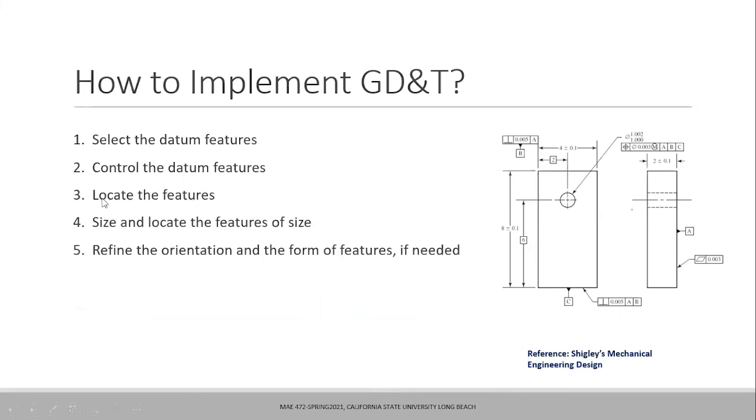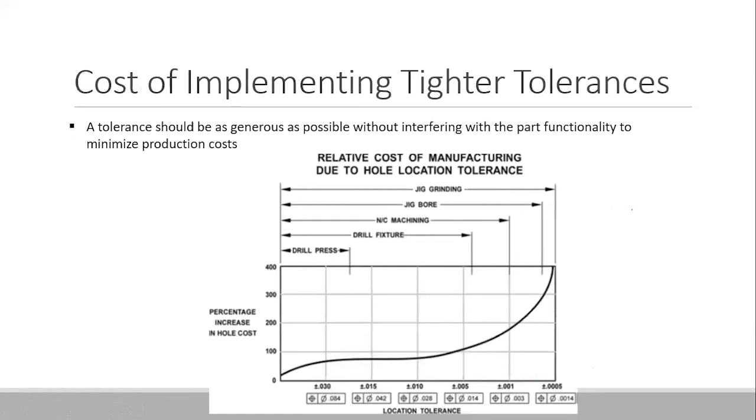You have to control that to locate the features. If this is a feature, it needs location dimensions. You then size and locate the features of size, so a feature of size has to be given proper dimensions and tolerances. And you refine the orientation and form if needed. If form and orientation need to be controlled, you give another feature control frame and GD&T symbol. These are the basic steps that you use to implement GD&T.